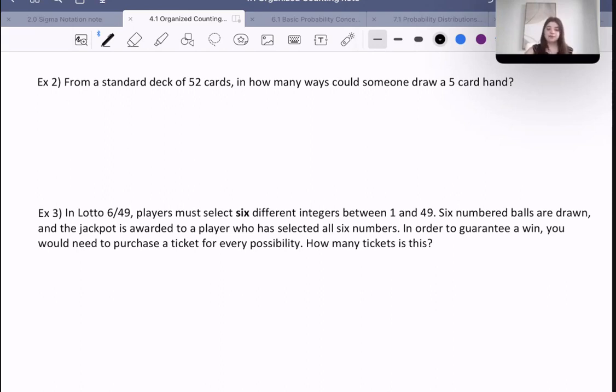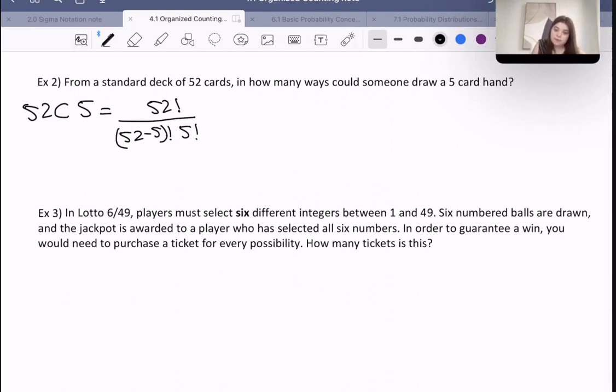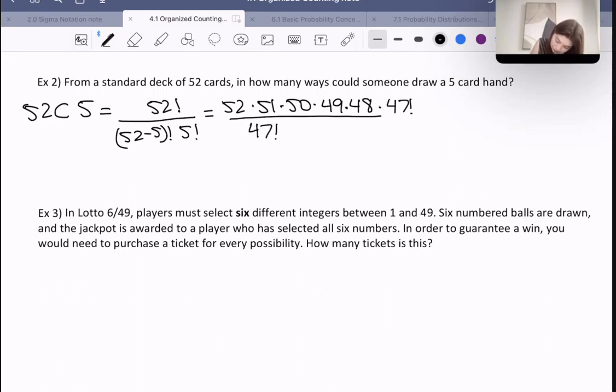The possible number of hands would be 52 choose 5, because we're choosing 5 cards, which is equal to 52 factorial over 52 minus 5 factorial, 5 factorial, which is equal to 52 times 51 times 50 times 49 times 48 over, let's see, this would be 47 factorial, 47 factorial, so those cancel, over 5 factorial.